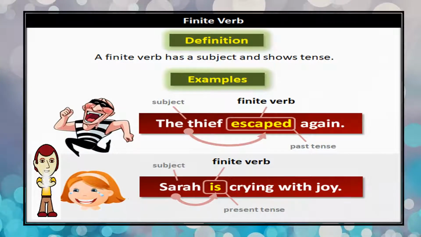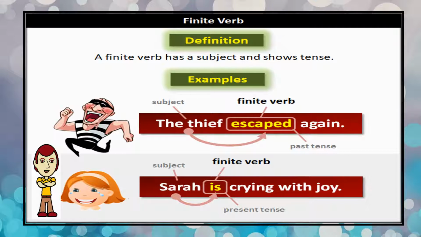Let's see the finite verb definition. A finite verb has a subject and shows tense. Example, the thief escaped again. So in this sentence, the thief is the subject, escaped is past tense, and it is a finite verb.